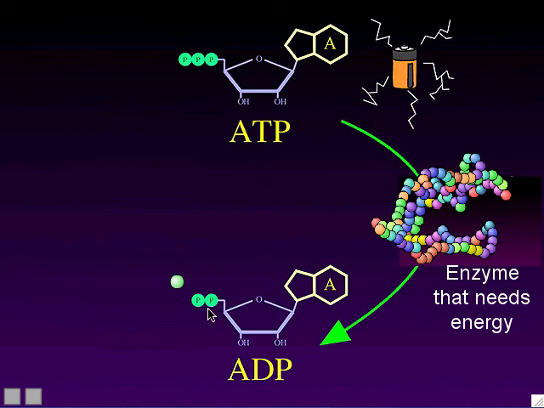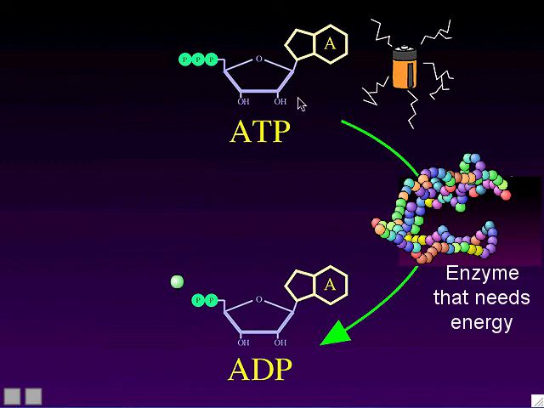Diphosphate means 2 phosphates. And an unattached phosphate ion that's not part of any organic molecule anymore, that's sometimes written P subscript I. It stands for phosphate inorganic because it's not connected to any organic molecule anymore.